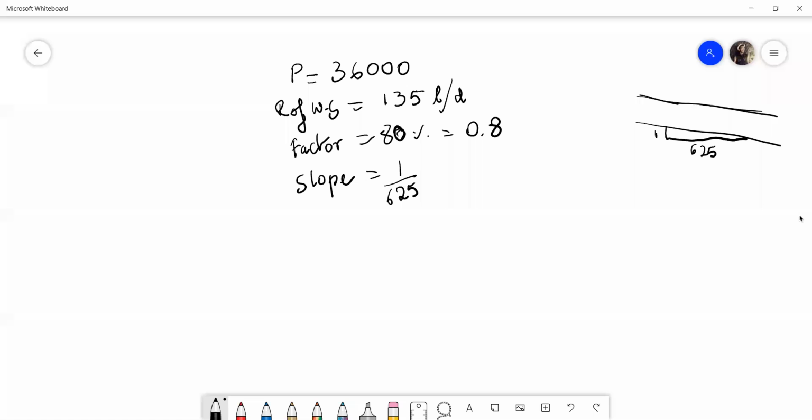Then total discharge. Since it's a full flow, just imagine this is the cross section where I'm cutting. The dry weather flow is not given. Four times the dry weather flow will give you the complete full discharge.